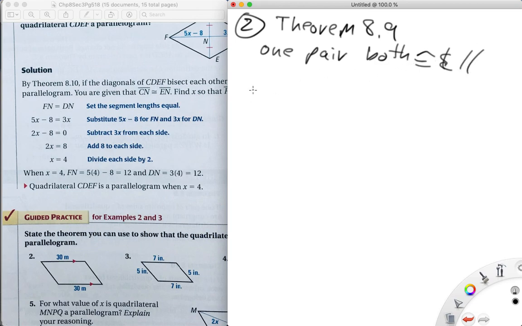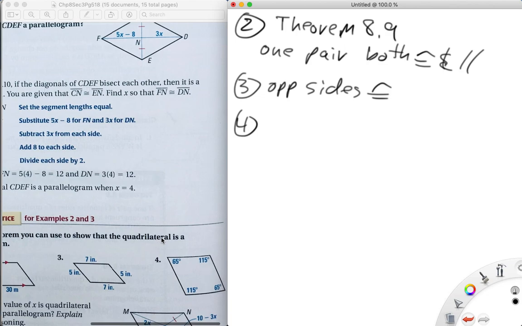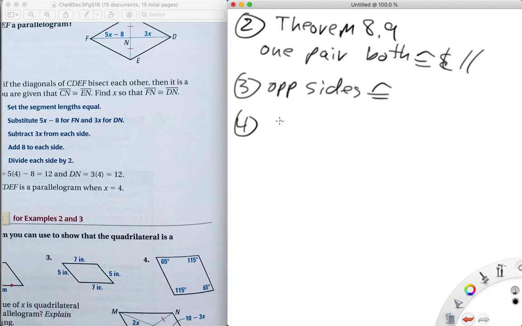For number 3, it's a parallelogram because opposite sides are congruent. Number 4, it's a parallelogram because opposite angles are congruent.